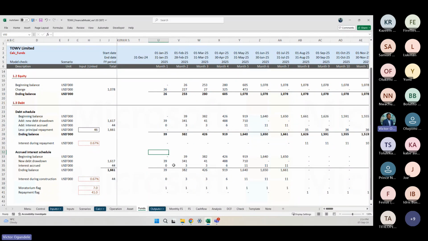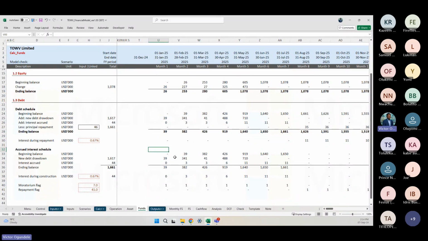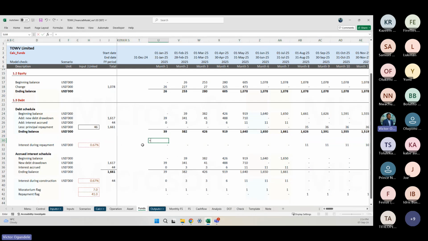As I said, in a typical transaction, they usually use the ending balance of the debt. So instead of us doing beginning balance plus the drawdown, what they would do in typical corporate practice is say it equals the average of the current ending balance and the previous period ending balance.